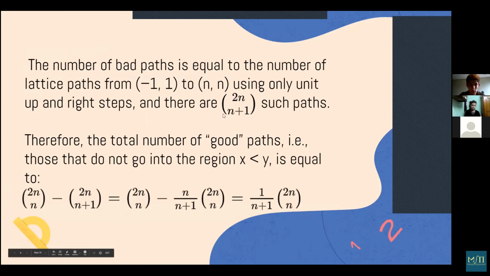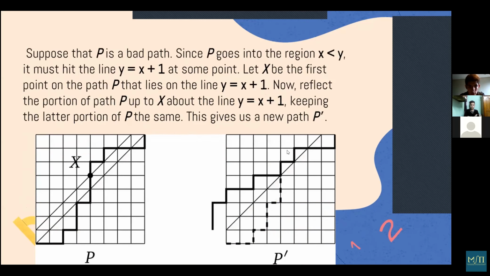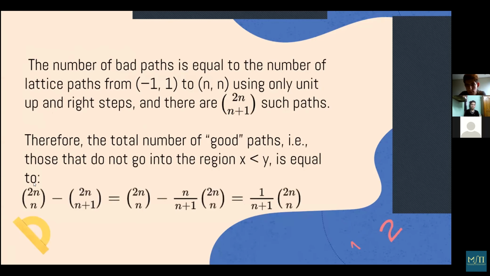Because the total number of paths from -1, 1 to n, n and the total number of bad paths, those are bijected sets, right? That is to mean that every bad path has got a corresponding path from -1, 1 to n, n, right? So that's it. And you're simply subtracting those and you're obtaining the nth Catalan number.